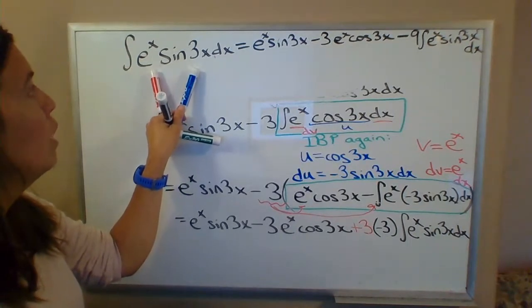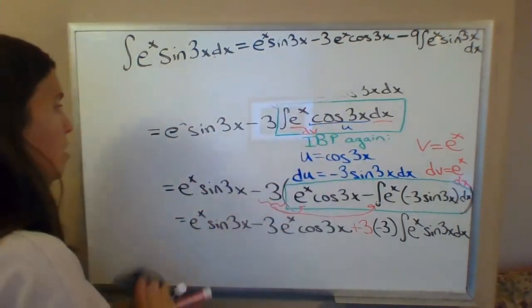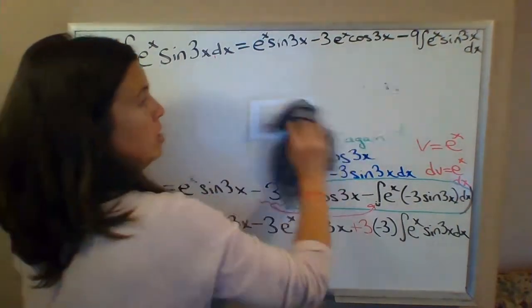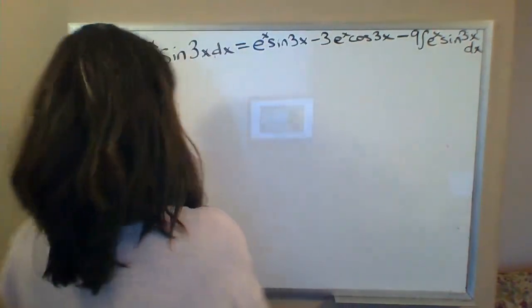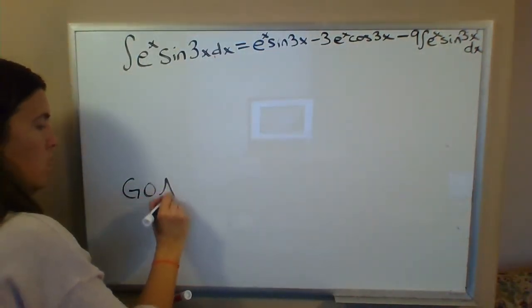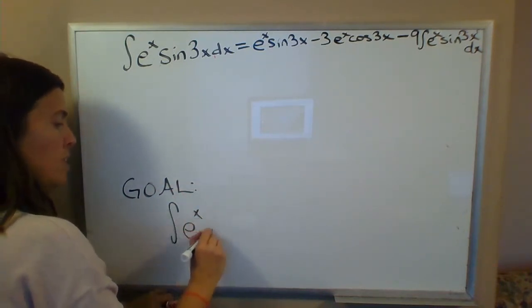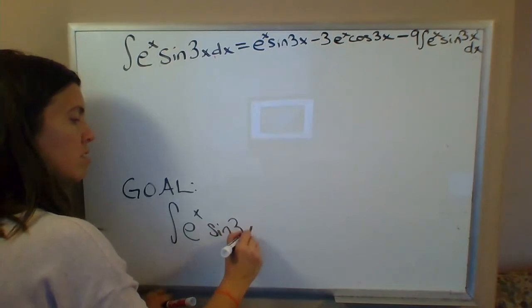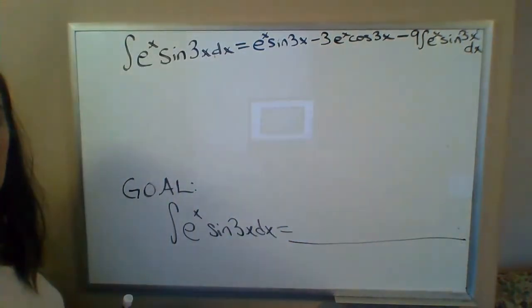We want to know the integral of e to the x sine of 3x dx equals what? That's the overall question here. Our goal, remember, is the integral of e to the x sine of 3x dx equals blank.